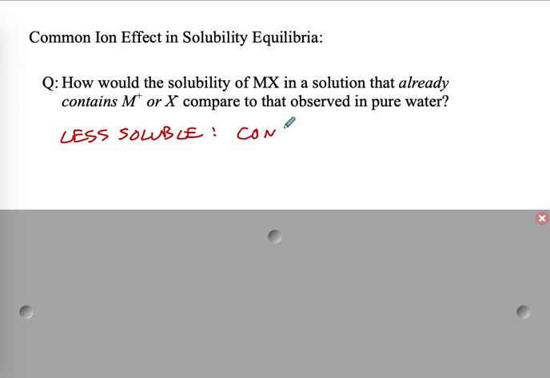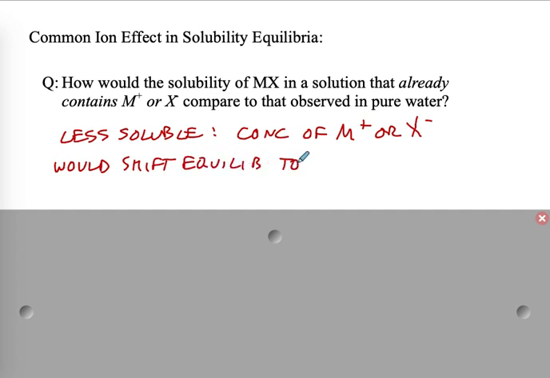That is, the pre-existing concentration of either the cation or the anion would shift the equilibrium to reactants, or towards the left, making the salt less soluble.